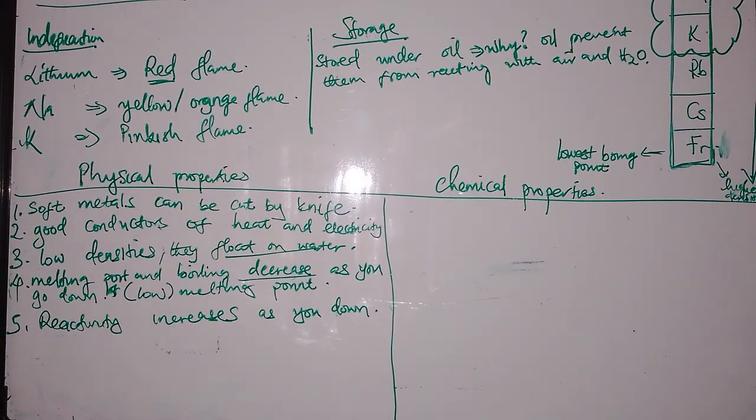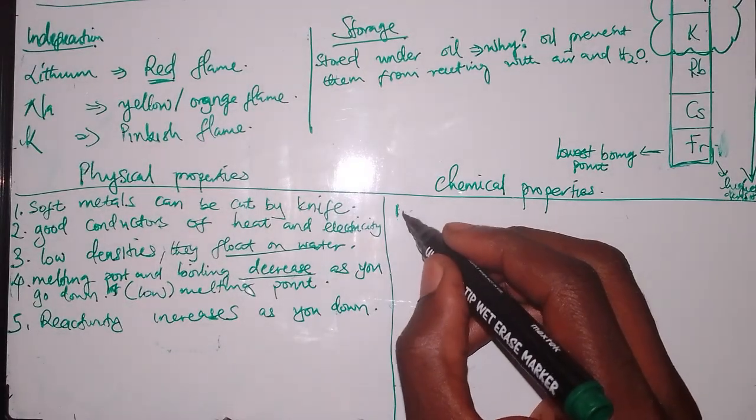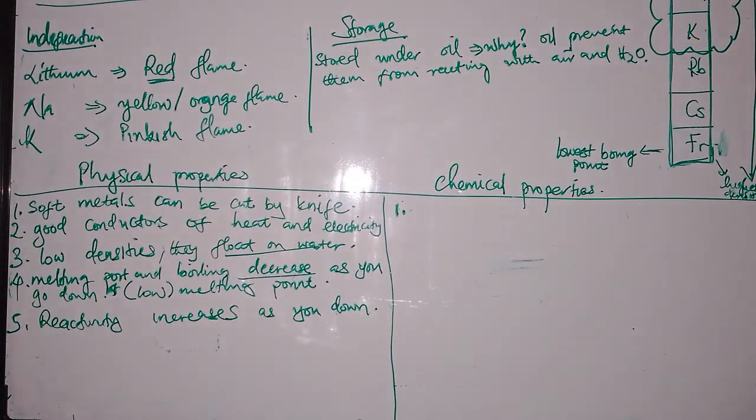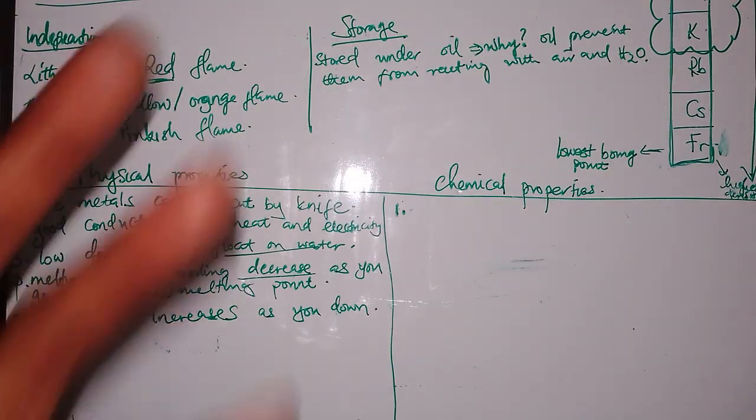So now moving on to our chemical properties. What are chemical properties? These are properties which allow an element to form bonds with other elements, or to react with other elements.